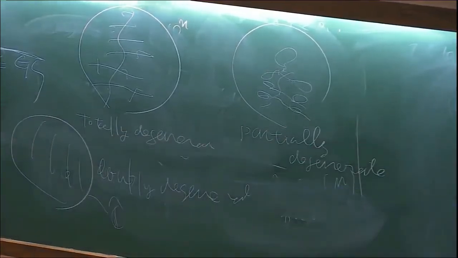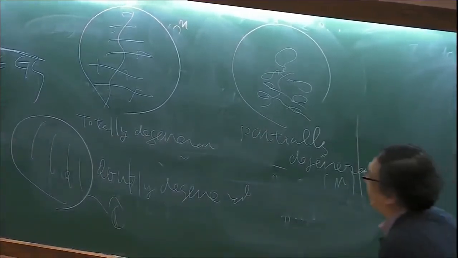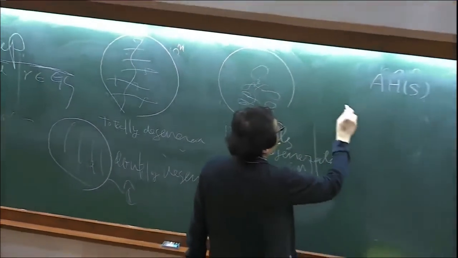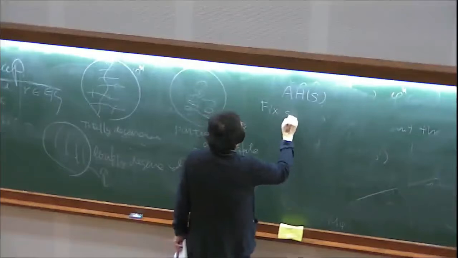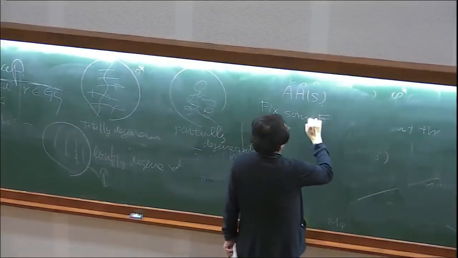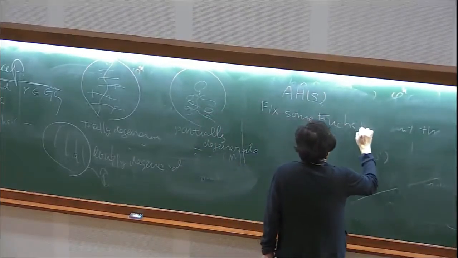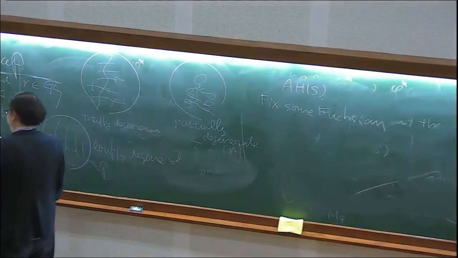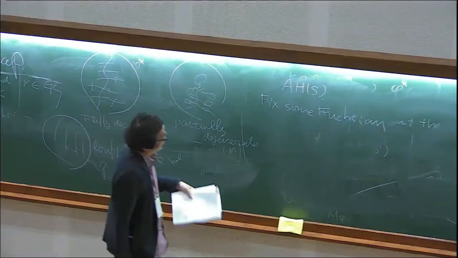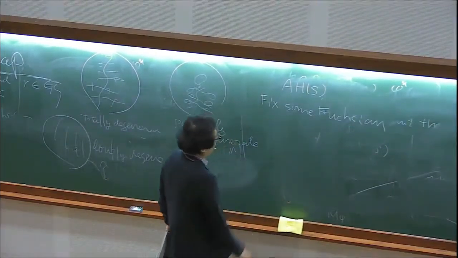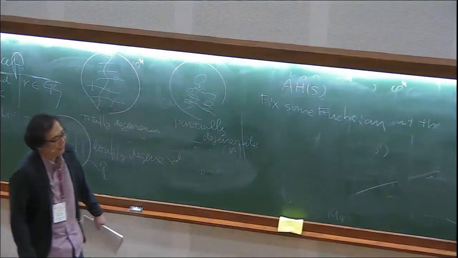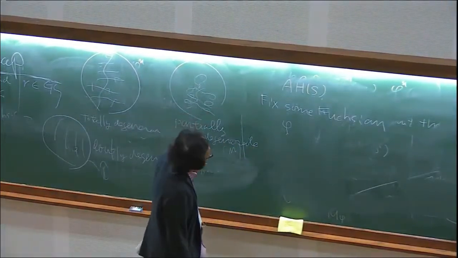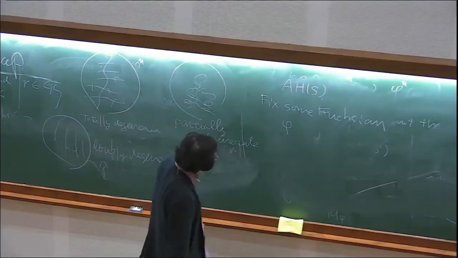So let me just, we are concerned with AH of S. So we just fix some Fuchsian representation. I use the symbol phi many times in different meanings, but let me just use phi again.